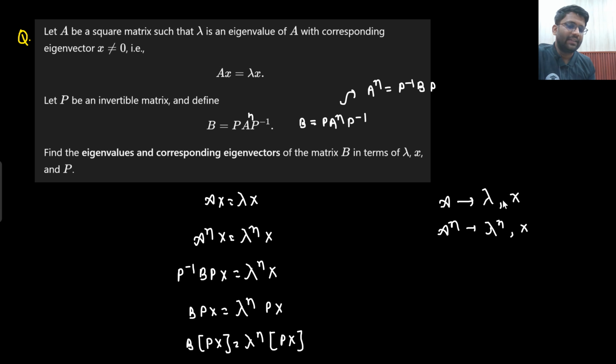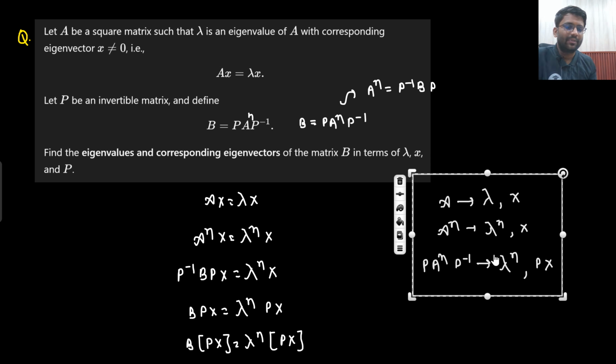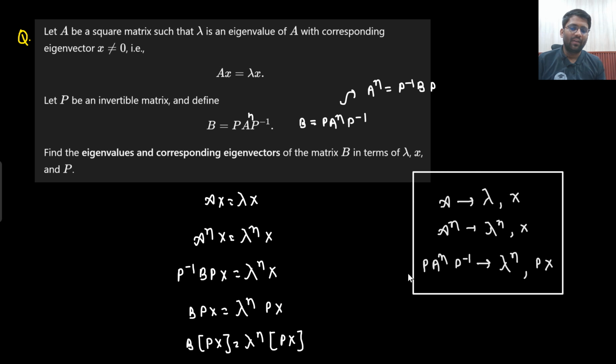What does that mean? If A has an eigenvalue of lambda and eigenvector of x, then matrix B, which is P A to the power n P inverse, will have eigenvalue lambda to the power n and eigenvector of Px. Nothing you need to mug up. All these things you will be able to derive in the examination. Is that clear to you or not? So what will be the eigenvalue? Lambda to the power n, and what will be the eigenvector? Px. Is that clear to you?